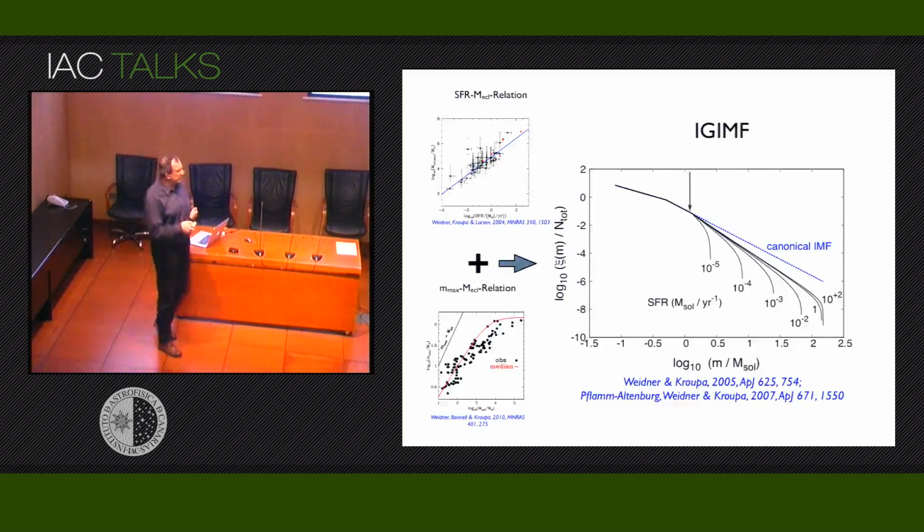And when you plot this for different star formation rates, you see that this can have a profound impact on the form and the slope and the upper mass end of the IMF for the whole galaxy. While individually, in all these star clusters where the stars are formed, the IMF has the same slope. It doesn't change at all.